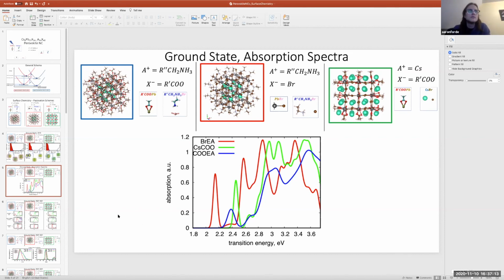I'll mention that now, but in a couple of slides I'll come back to what I think is the reason for this wide variance of band gaps between the models.